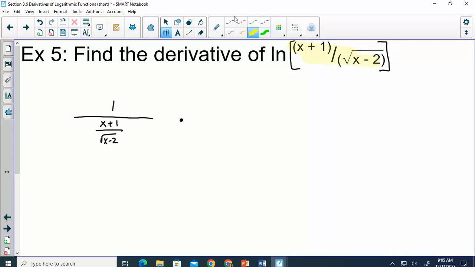What would I have to do for this derivative? Quotient rule. Low, I'm going to write that as exponent to the 1 half, d high, derivative of the top is 1, minus high d low. So the 1/2 comes down, inside stays the same, subtract 1 from the power, times derivative of the inside, which is just 1.